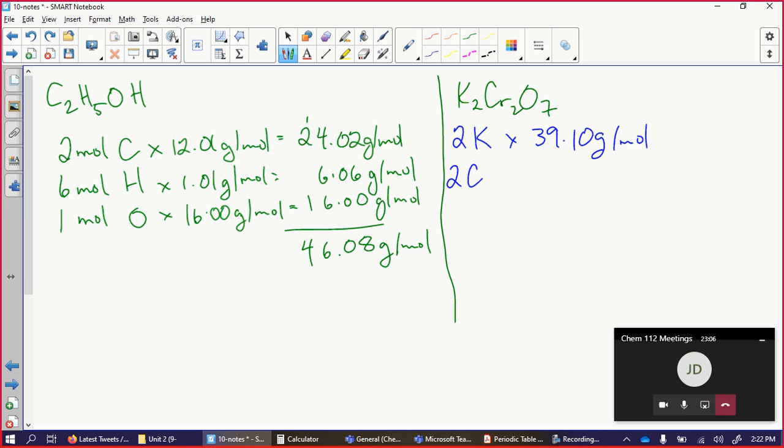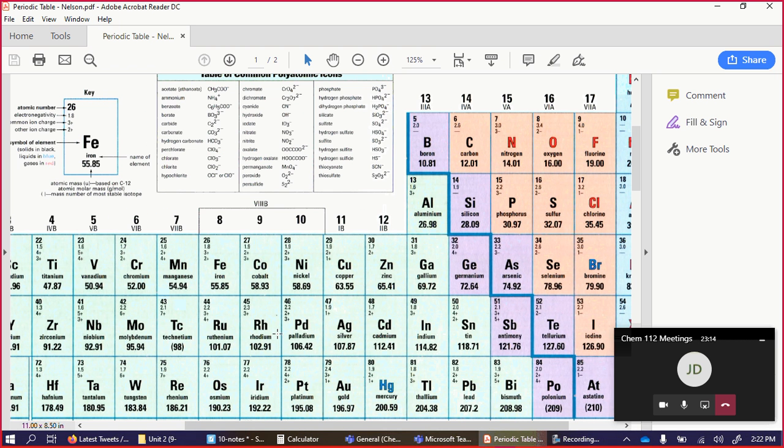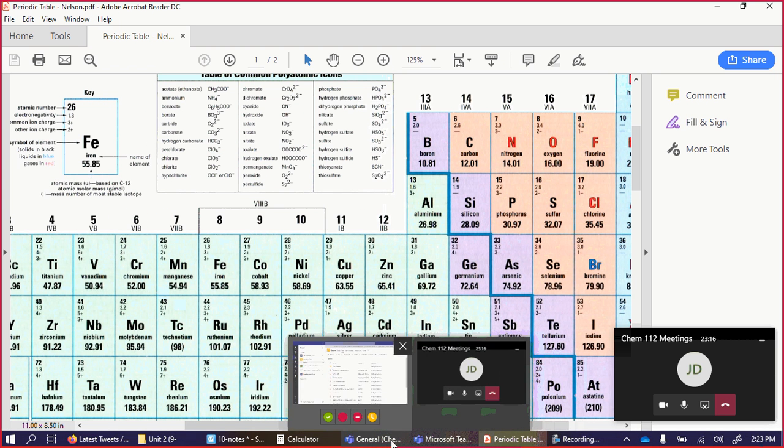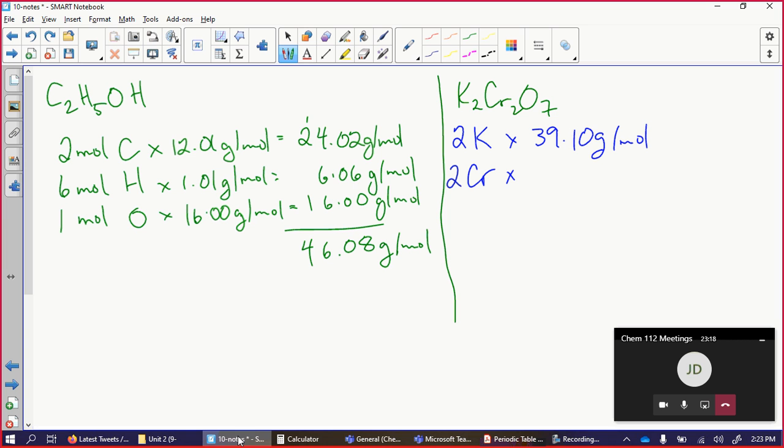Two chromiums. It's 54-ish. 52. Oh, that was close. Where am I going? 7 oxygens times 16.